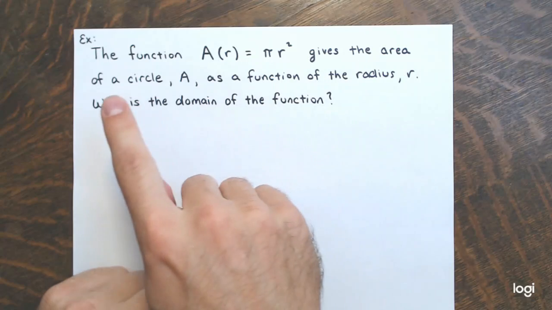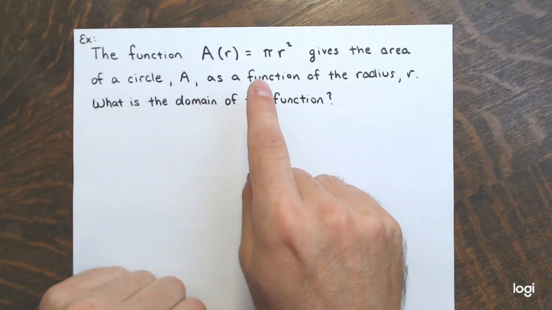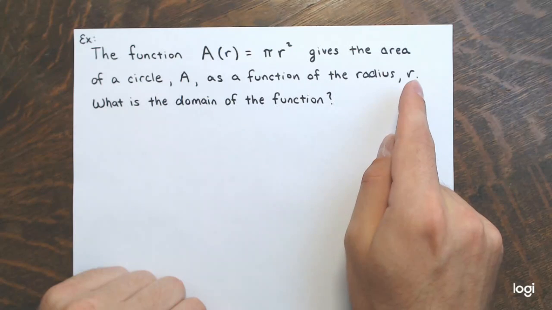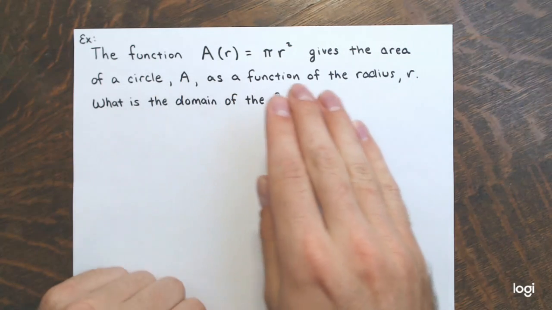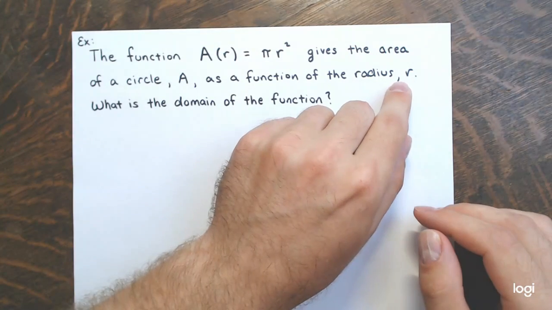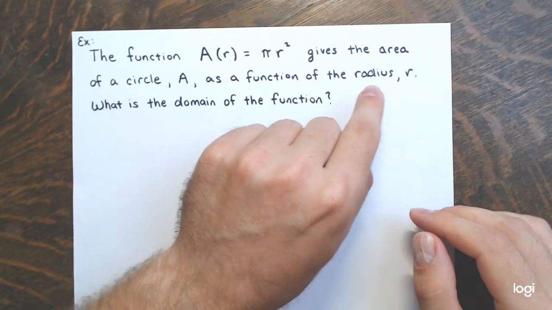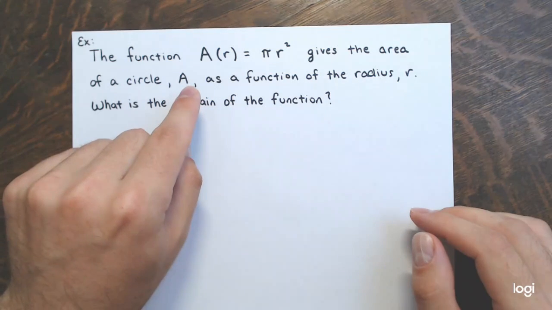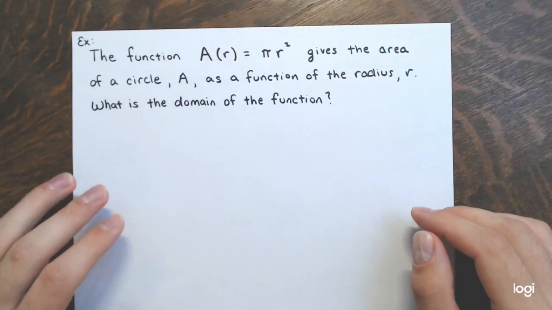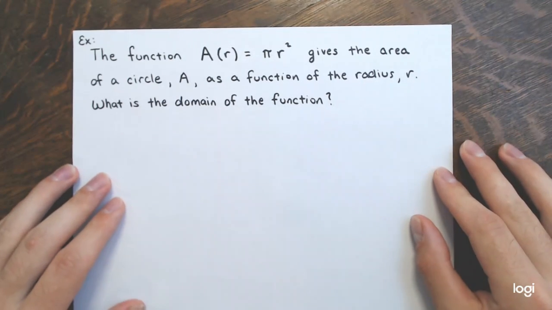It gives the area of a circle A. So this A of r represents the area of a circle as a function of the radius of the circle r. Hopefully you remember what that meant. When I say A is a function of r, that means every value of r I use corresponds to only one possible value of A, right? The question here is now, what is the domain of the function?